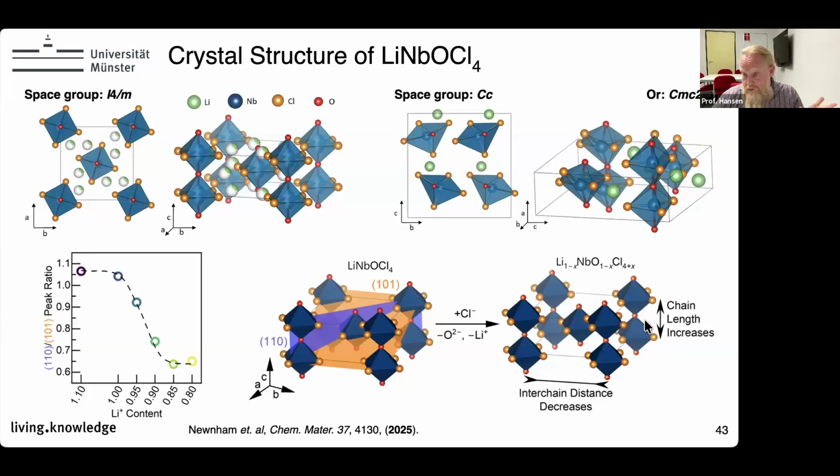Okay, so what can we do with NMR? Well, again, if you look at the compound, you can do lithium, you can do niobium, oxygen, not so easy. You would need to convince your collaborators to isotopically enrich, but we can try chlorine. The samples I will focus on now are these two, 0.9 and 0.8 lithium content.